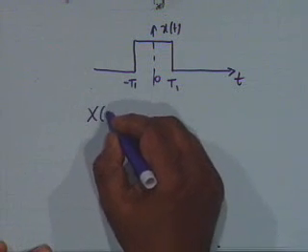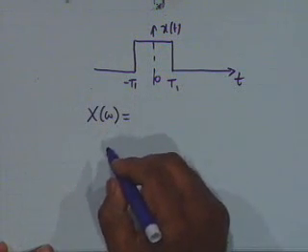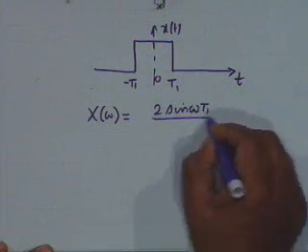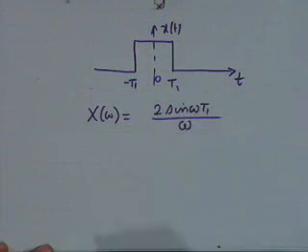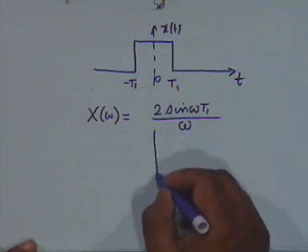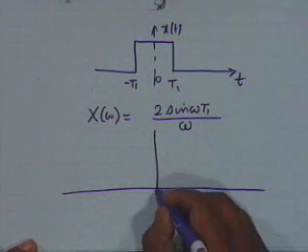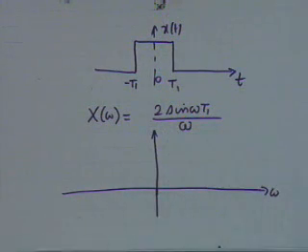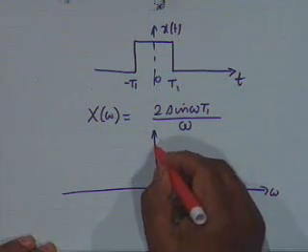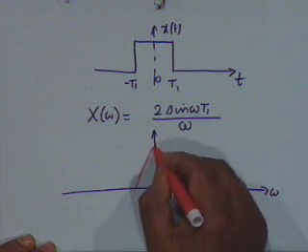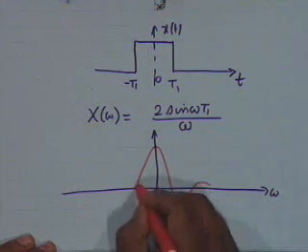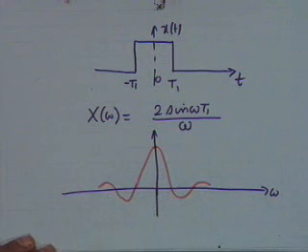And we showed that capital X of omega, by applying the definition, is given by 2 sine of omega t1 divided by omega. A plot of capital X of omega versus omega is like this. It shows a damped sinusoid type of response on both sides.